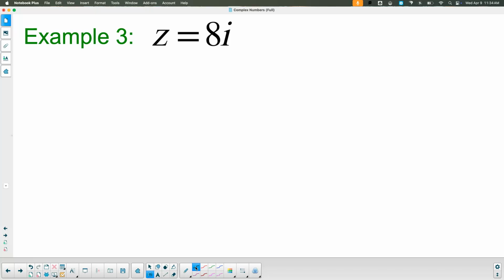Because this is 0 plus 8i for that one. So that gives me an R value here of 8. That gives me a theta of 90 degrees. Okay?